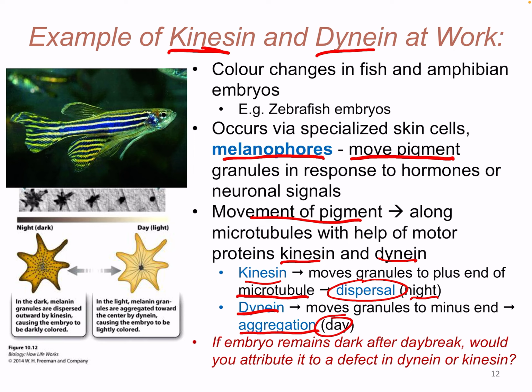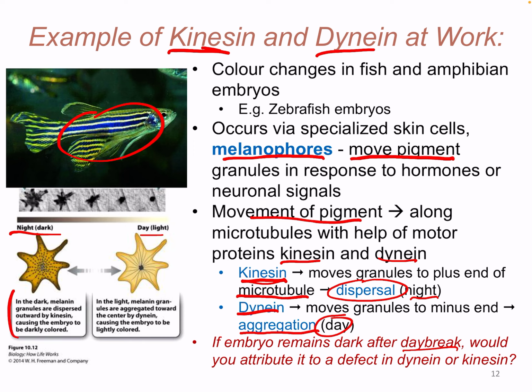Essentially, at night there's a hormone that signals it's nighttime and causes kinesin to move granules toward the plus end. Then dynein moves the granules to the minus end, and we have the opposite.